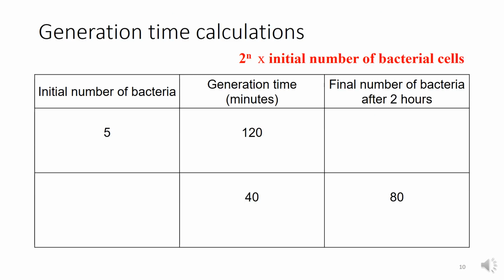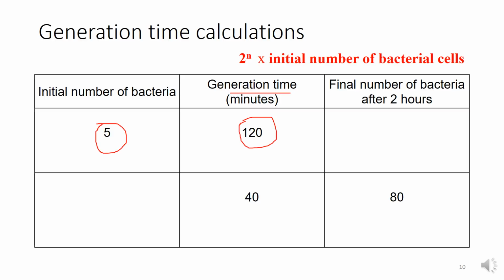If you start with 5 bacteria, and they tell you that this bacterium has a generation time of 120 minutes, which means it only divides every 120 minutes, what is the final number of bacteria after 2 hours?